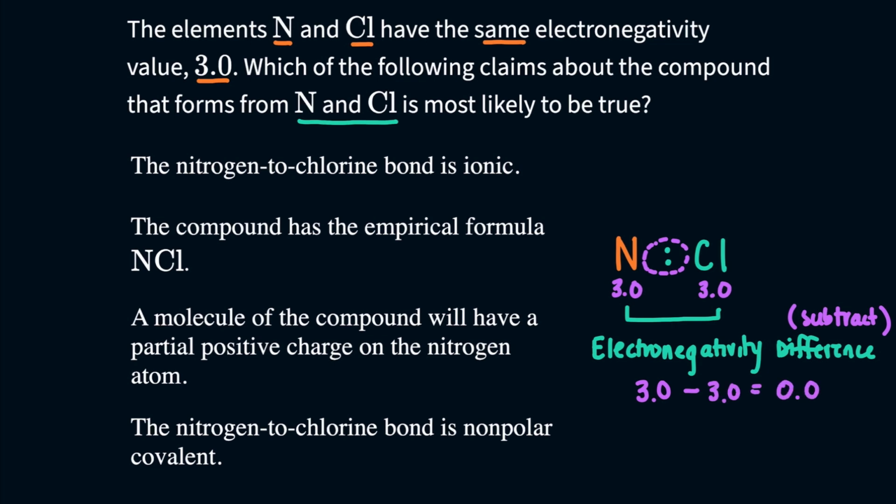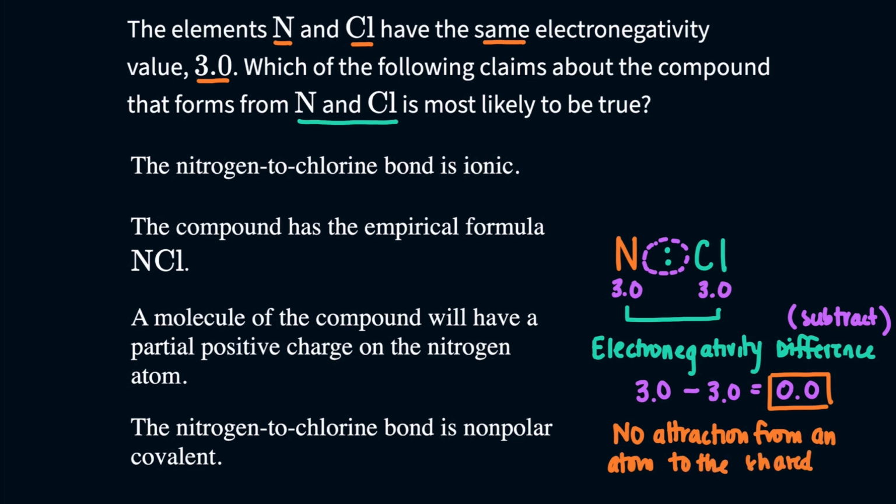A 0 in terms of electronegativity means that there is no more of an attraction from an atom to the shared electrons. And that kind of makes sense. If you're both bringing the same amount of heat, nobody's really going to be winning, right?